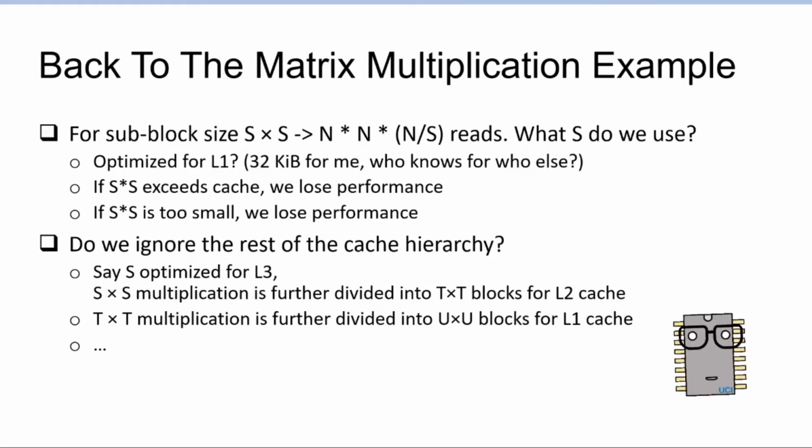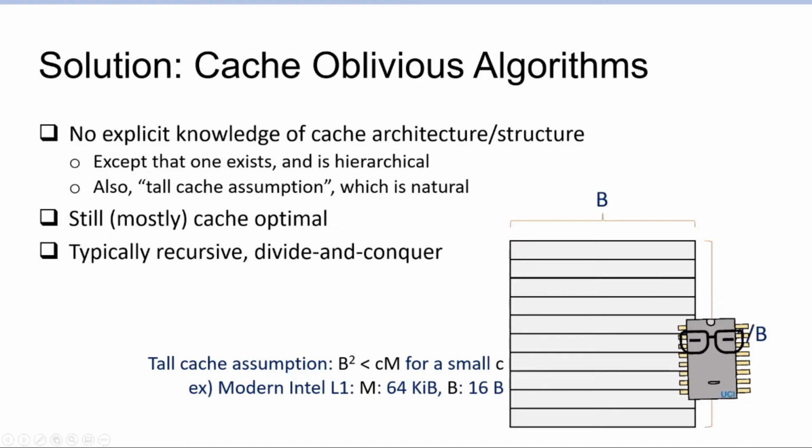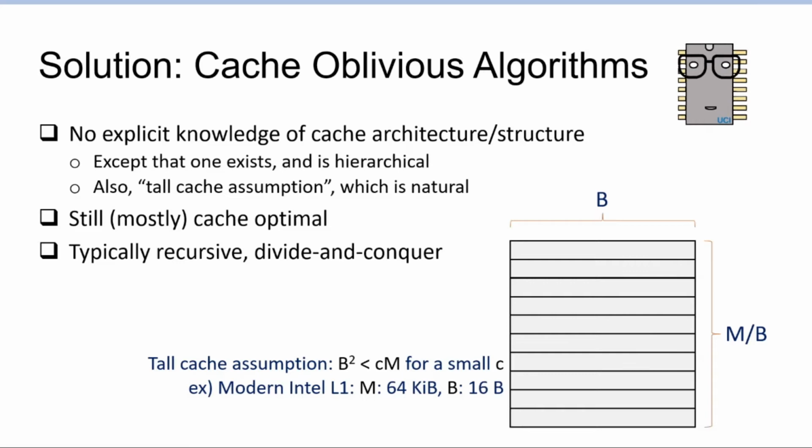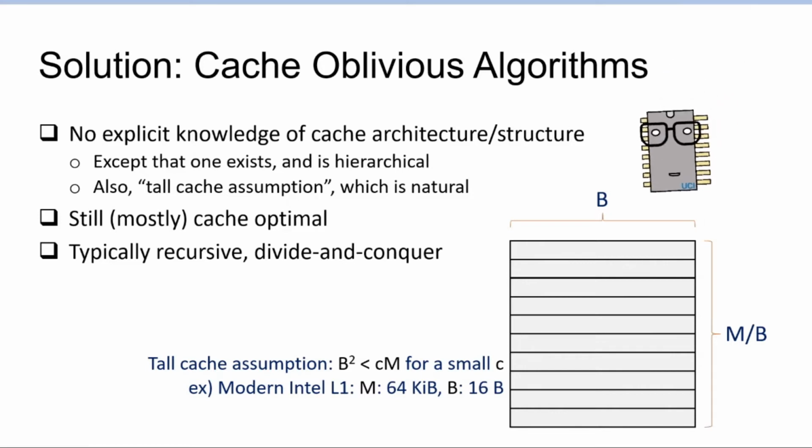And in this lecture, we're going to take a very high level taste of a class of algorithms called cache oblivious algorithms. Cache oblivious algorithms come in many shapes and forms, so we're going to take a high level look at a couple of them, just as a tool to have in the back of your heads. For this class of algorithms, the goal is to require no explicit knowledge of cache architecture or structure.